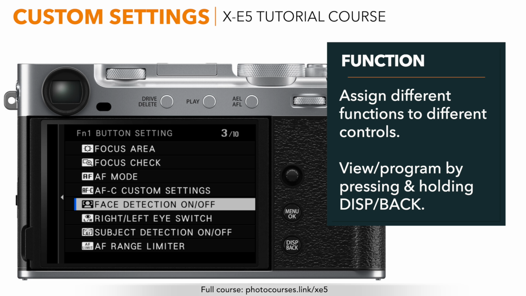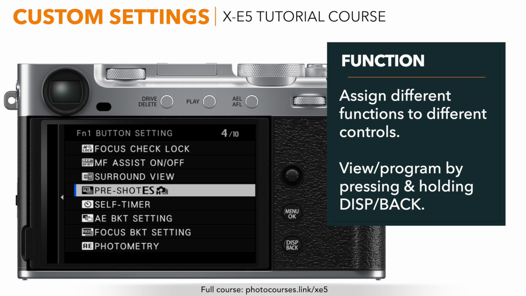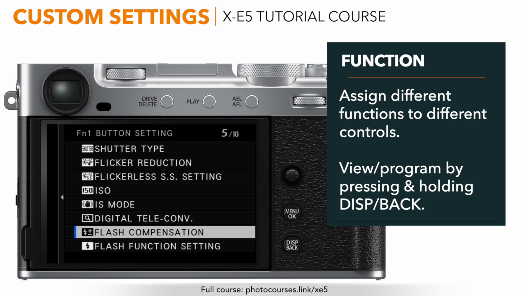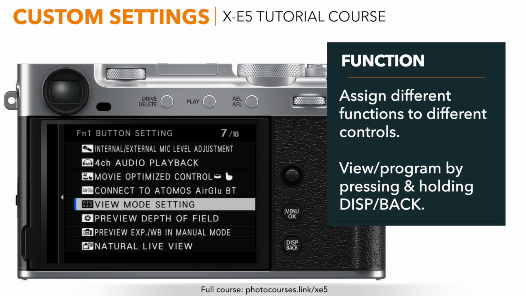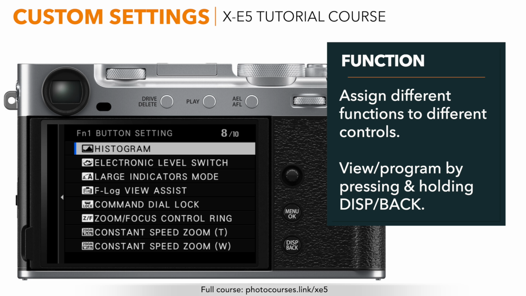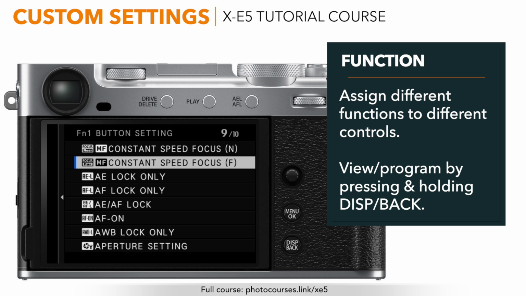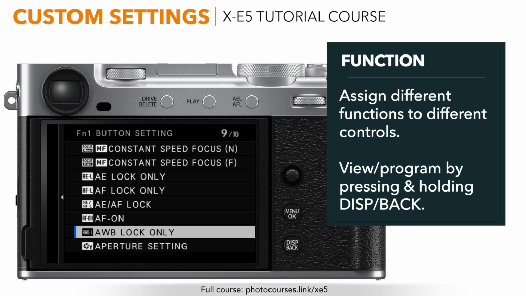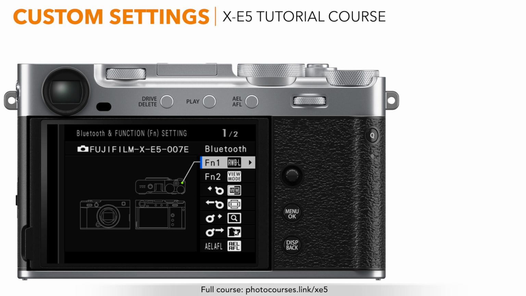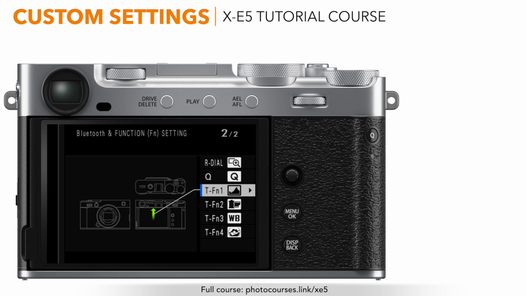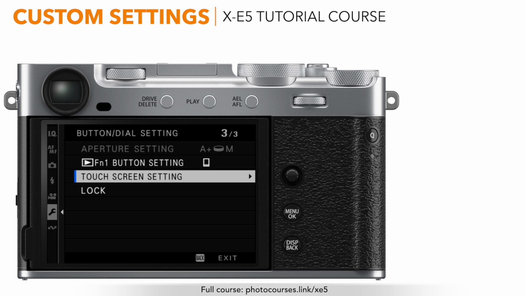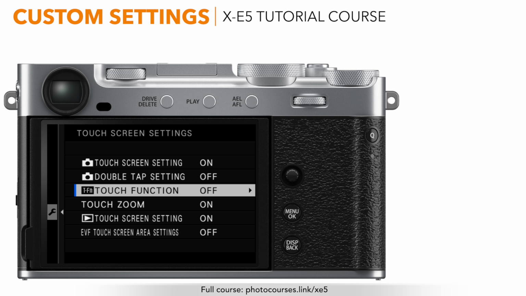You'll also see some functions that are not available elsewhere in the camera, such as a large histogram or preview depth of field. Go down and highlight the function that you want to assign to that control and press OK. Remember that if you do want to use the touchscreen gestures, those need to be enabled in the touchscreen setting menu in the button dial setting menu.